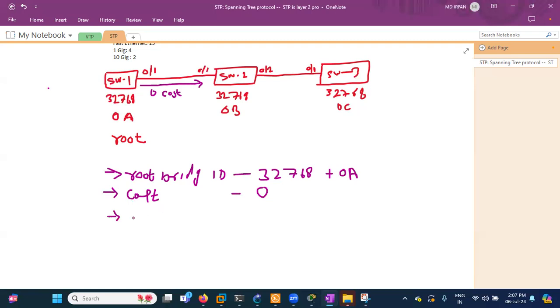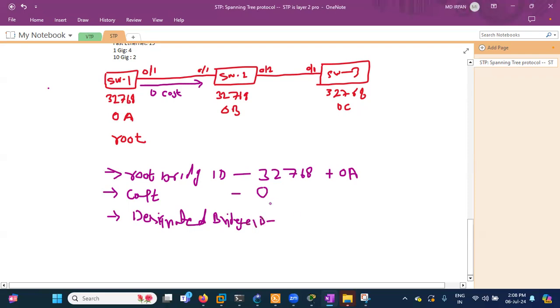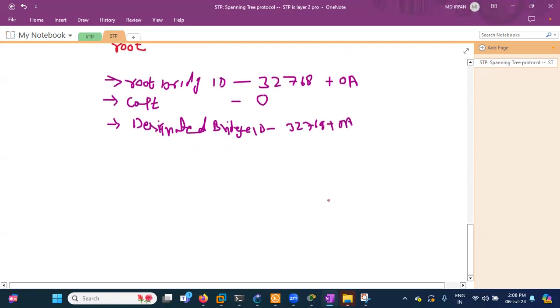So the designated bridge ID will be the same, right? Same 32768 plus 0A. And then we have designated port ID.